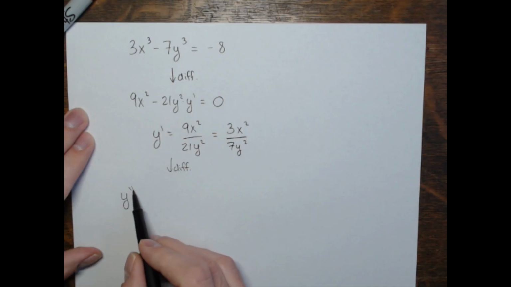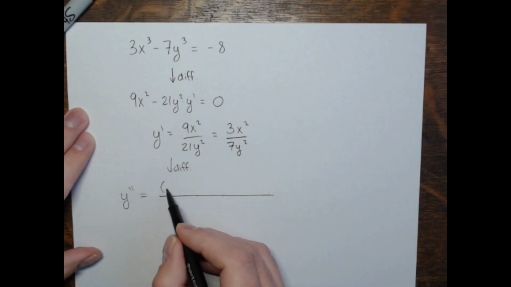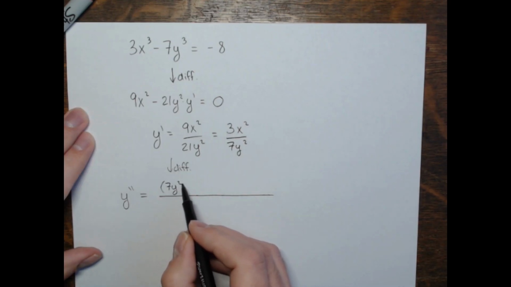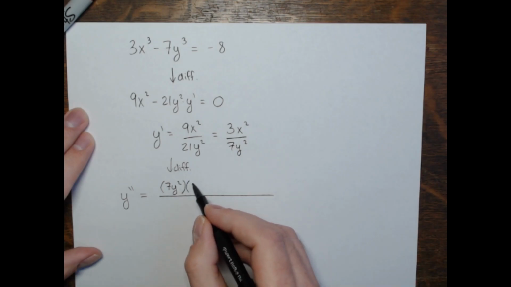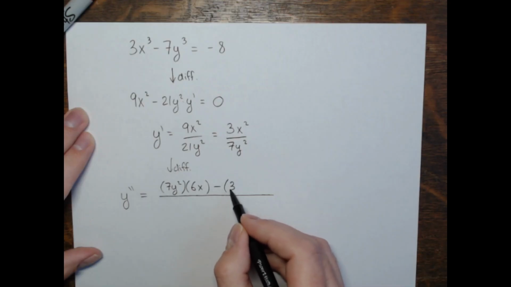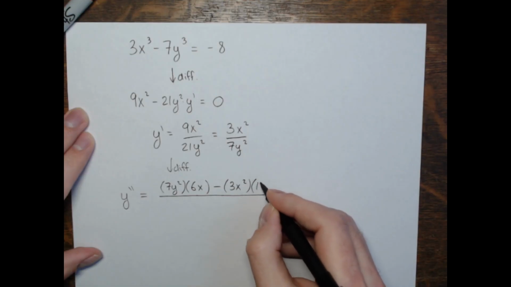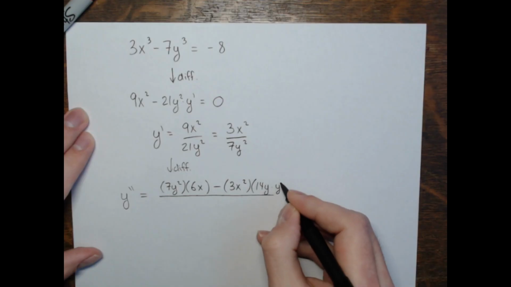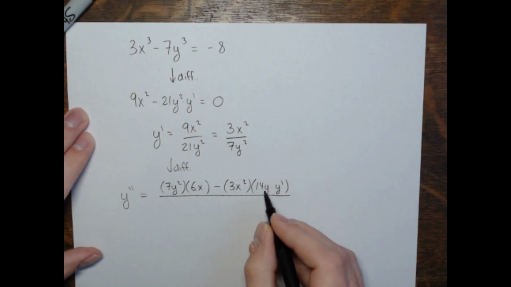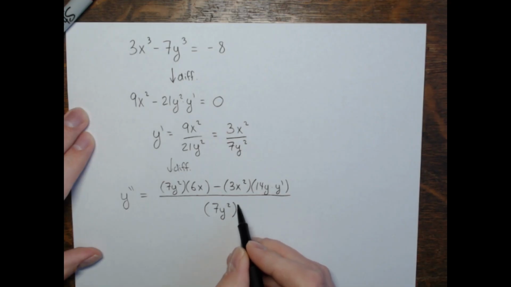You got y double prime equals, and then applying the quotient rule, that's denominator 7y squared times the derivative of the numerator would be 6x, minus, and then the numerator is 3x squared times the derivative of the denominator would be 14y times y prime. Chain rule, right? And then all that divided by the denominator, 7y squared squared.